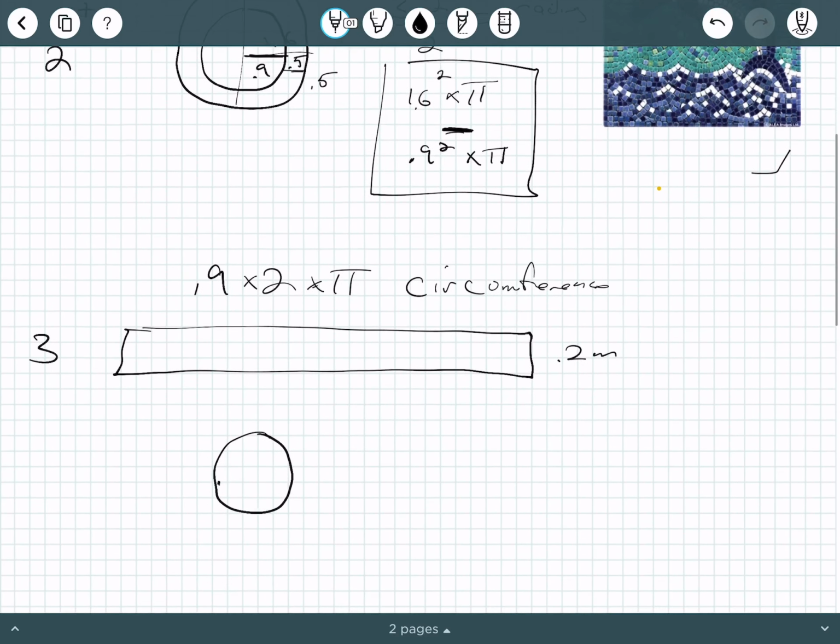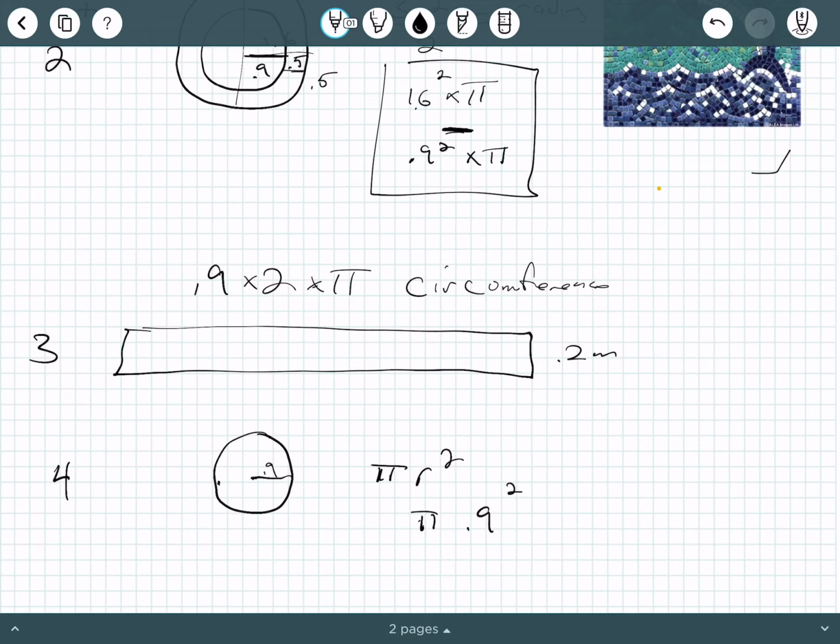Area 4 is going to be pi r squared. Now we know that this distance for the radius is 0.9, so it will be pi times 0.9 squared.